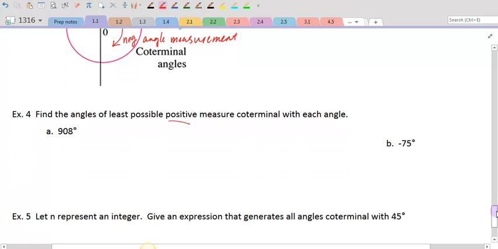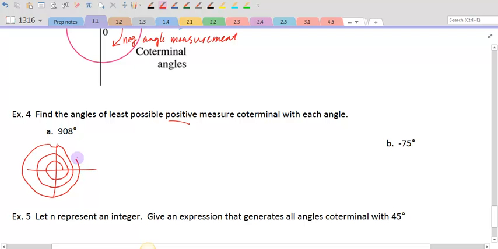Okay, so looking at this first example here, it's usually helpful to go ahead and draw a picture and see what's happening. I know that I have 908 degrees. So in other words, I'm starting here on the x-axis. I travel all the way around, that's 360. I travel around again, that's 720. I travel around again, and I keep on going, right? I don't really know how many times I'm doing this, but I can figure it out on my calculator.